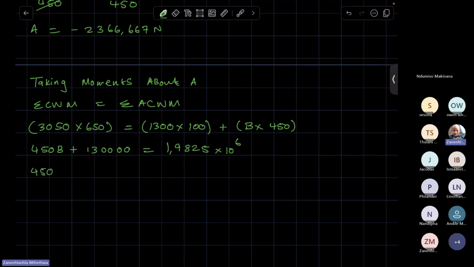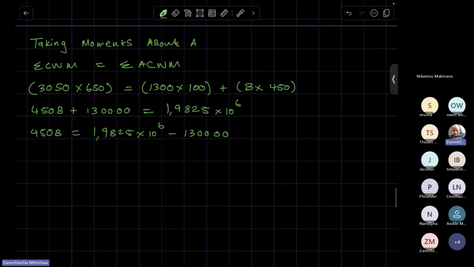So 450B is equal to 1.9825 times 10 to the 6 minus 130,000. And then to get B, you simply divide both sides by 450.